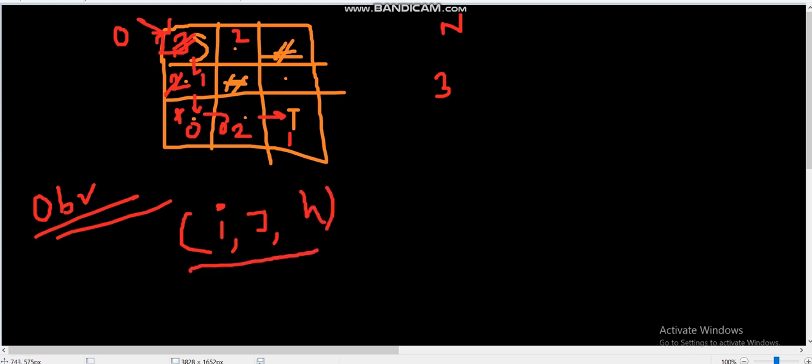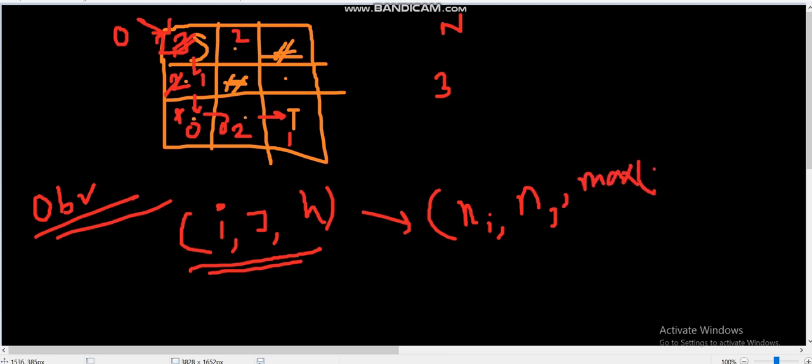From this recursion state we can move to another recursion state at, let's say, a neighboring cell, call it Ni, Nj, and the health could be either H minus 1, or the maximum of H minus 1 and the medicine value at Nij, which you can call A of Nij.